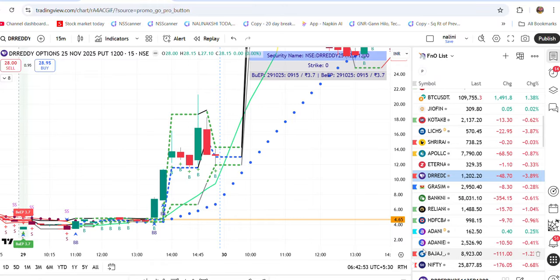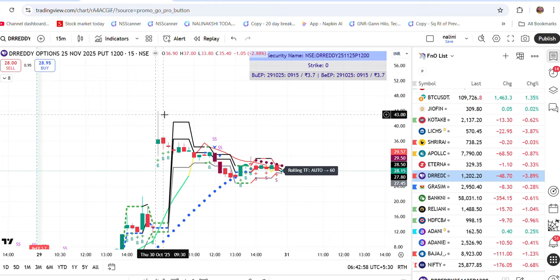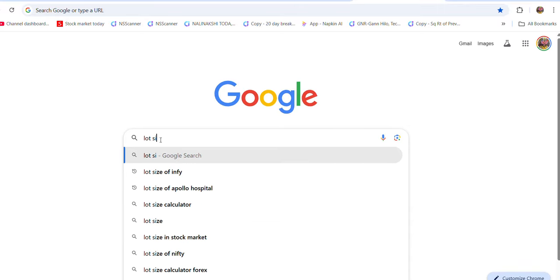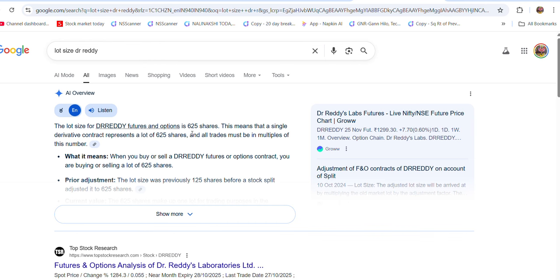This put option, which was around 6 rupees, rallied up to 43 rupees. Let me check the lot size of Dr. Reddy. You get it, 625 shares, friends.